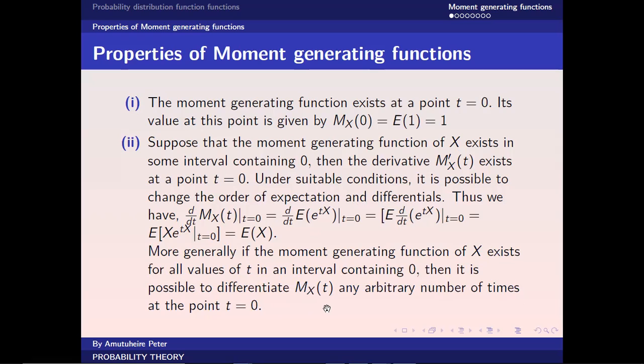And as we are about to see, if a random variable has an interval which does not contain 0, then its moment generating function does not exist. The moment generating function only exists for random variables whose outcomes are in an interval containing 0.